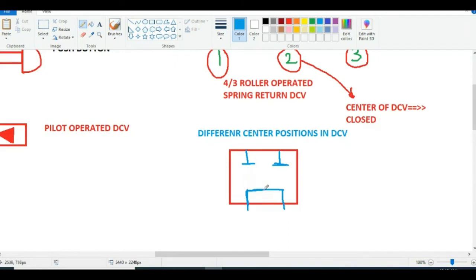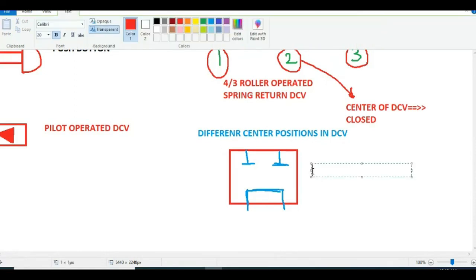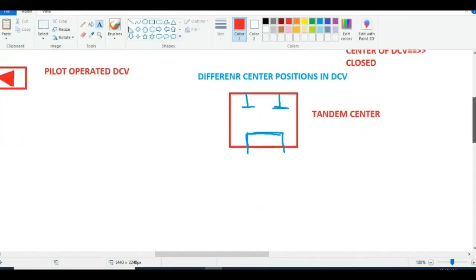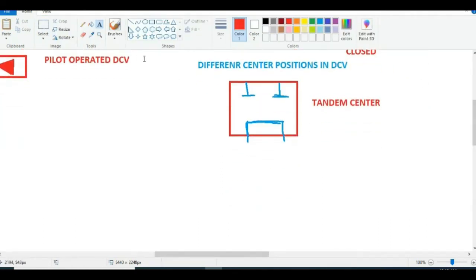Another type of direction control valve has the tandem position. Okay, this is the tandem center.